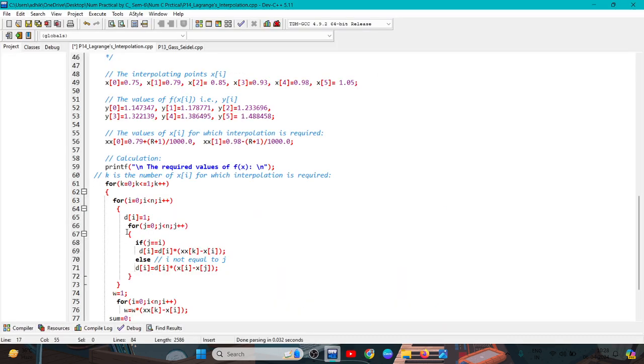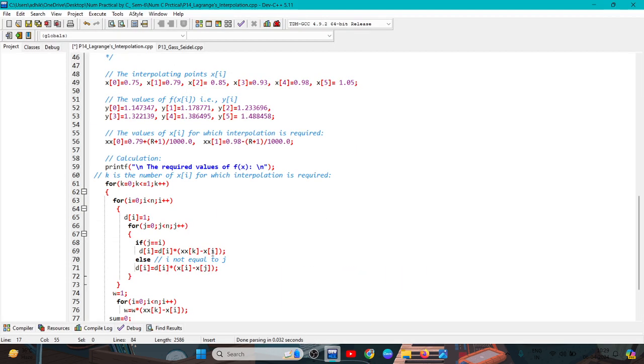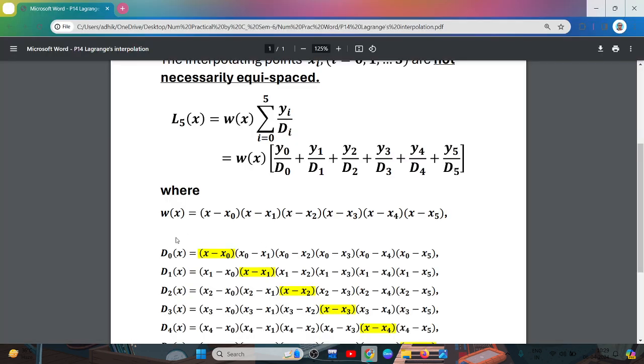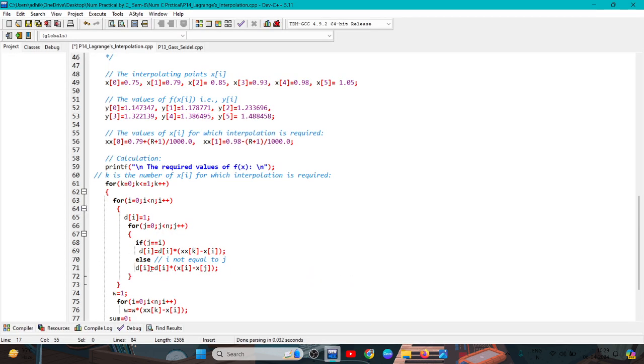After completing this j loop for i equal to 1, you will get d1. In this way, after completing all i values, i equal to 0, 1, 2, 3, 4, 5, you will get all of d0, d1, d2, d3, d4 and d5.